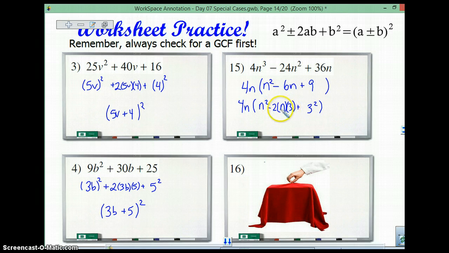Yes, 2 times 3 times n is 6n. So this becomes 4n, that's still our GCF, and we end up with a minus b, because there was a minus sign here, squared. Which means the same thing as 4n times n minus 3 times n minus 3. All right, good luck with this.